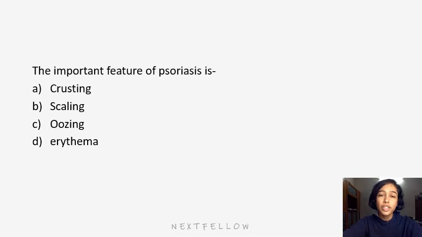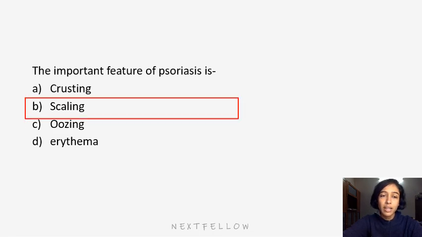The important feature of psoriasis is crusting, scaling, oozing, or erythema. Psoriasis classically is erythematous scaly plaques. The scales are thick silvery white scales. This is the classic feature of psoriasis. The crusting is basically when there's a mixture of blood and serum.